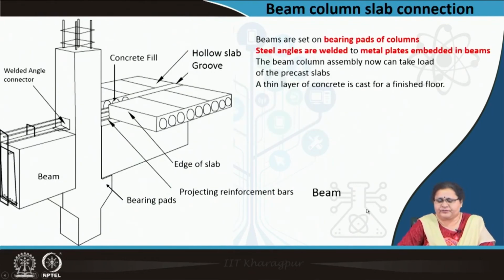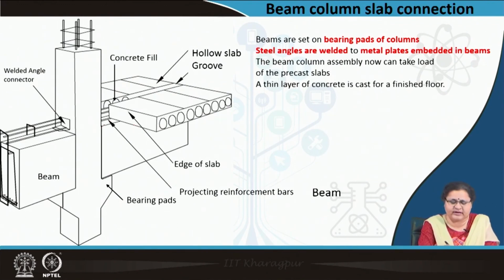Now, coming to the beam column slab connection. Here, when we are setting these columns, setting these slabs, hollow core slabs or the flat slab, you see we were placing it on top of these rectangular beams, or L-shaped beam.